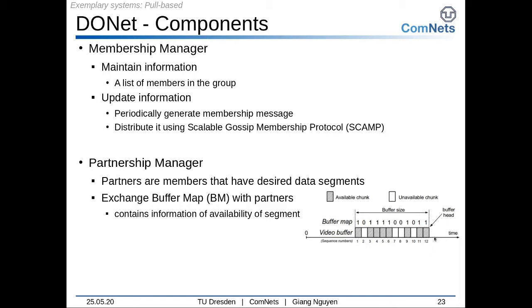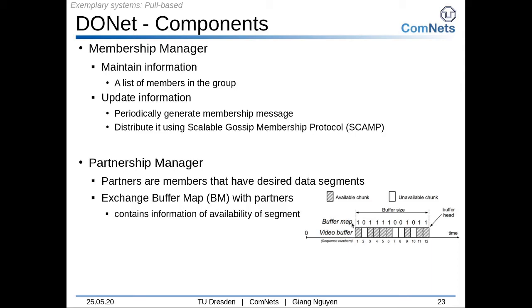Here we have the buffer head, which is always the newest video packet. A packet which is already available in the buffer will be marked by 1, so this bit is set, and similarly a video packet which is not available in the buffer will be set as 0.